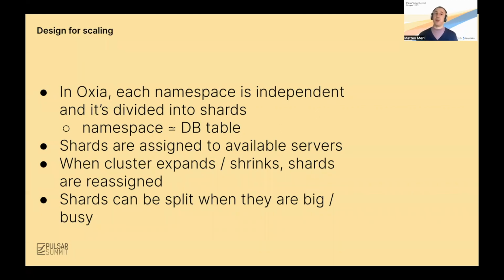Shards are also independent and are assigned to all the available servers. You have multiple replicas of single shards, and they're all spread across the cluster. So when a cluster expands or shrinks, these shards can be reassigned. So we can go from, say, 5 nodes to 10 nodes, and automatically the shards will be reassigned to the 5 new nodes in a graceful and coordinated way.